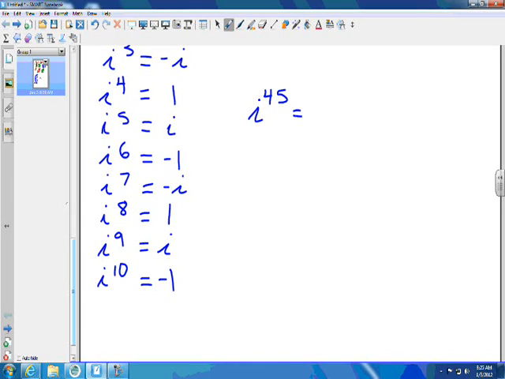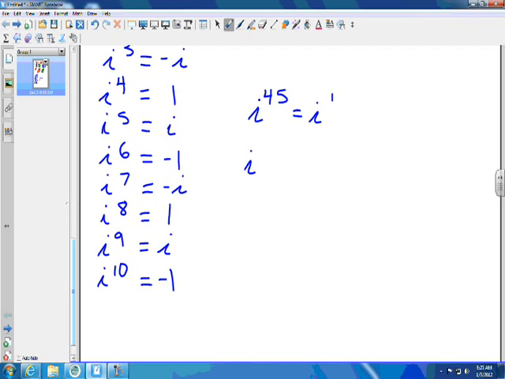You figure out the number lower than 45 that 4 goes into perfectly. Does 4 go perfectly into 45? Does 4 go perfectly into 44? Yes. So i to the 44th, how many is left over between 44 and 45? 1. So that is i to the first power, or just i. You don't have to put i to the first power up there.